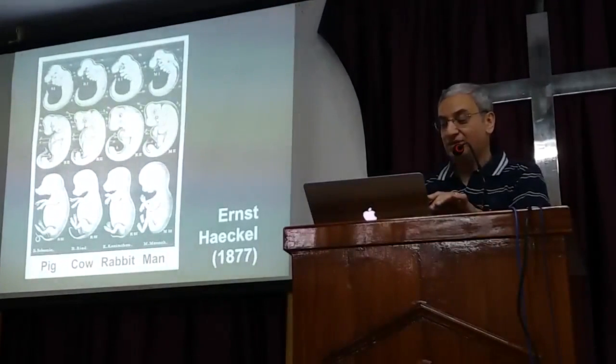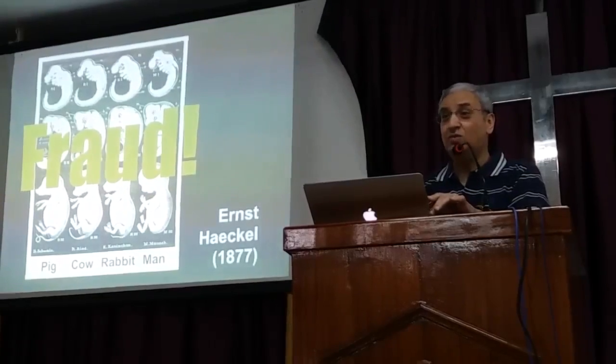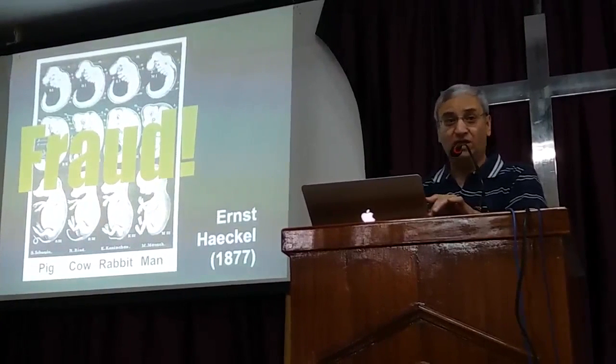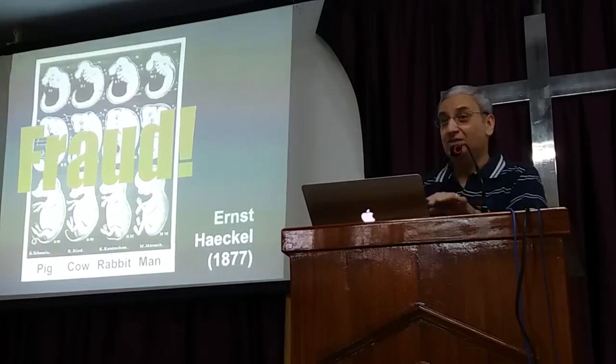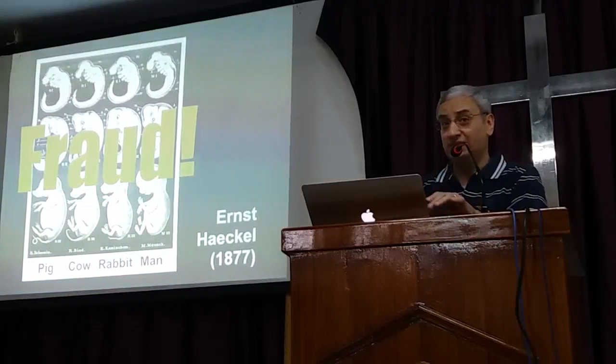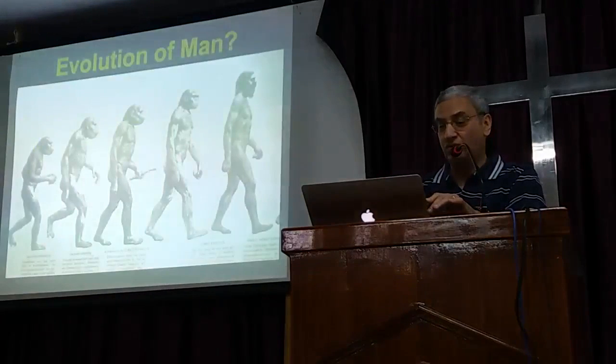Ernst Haeckel really was drawing these things on his own, and there was no evidence in embryology that this is the case. And that's proven to be wrong. So this is a scientist who wrote things to try to convince us that we are all coming from the same animal kingdom, but it is wrong.